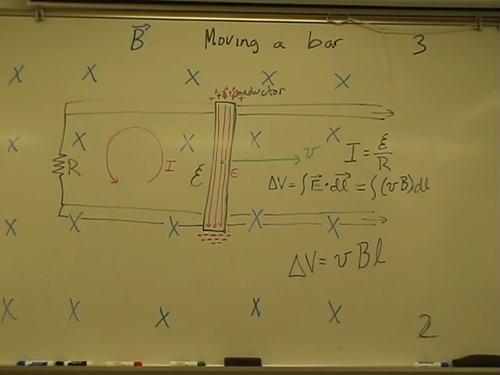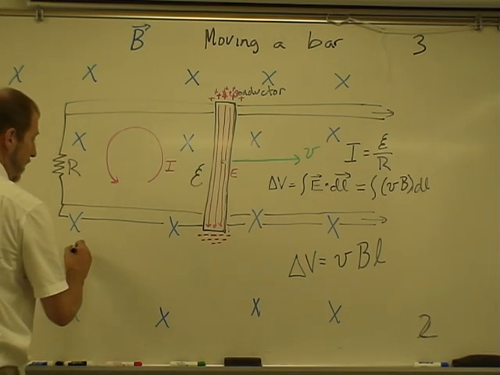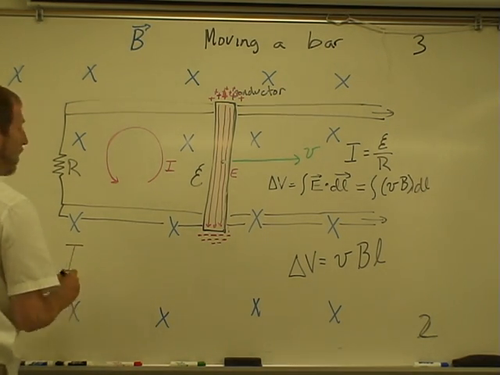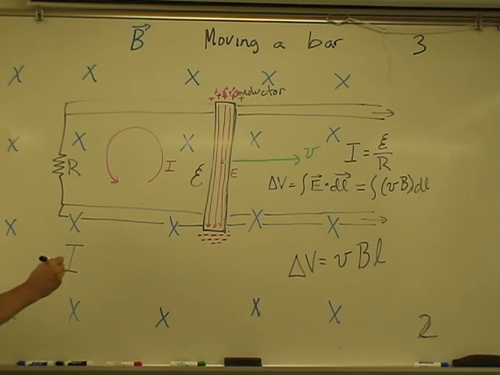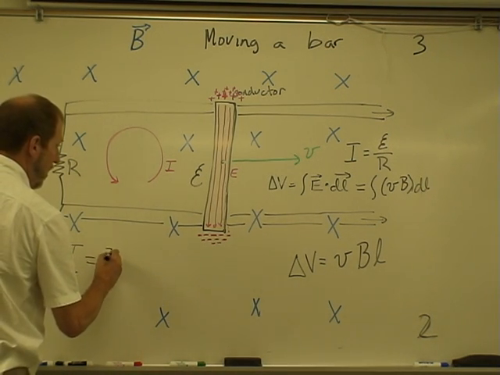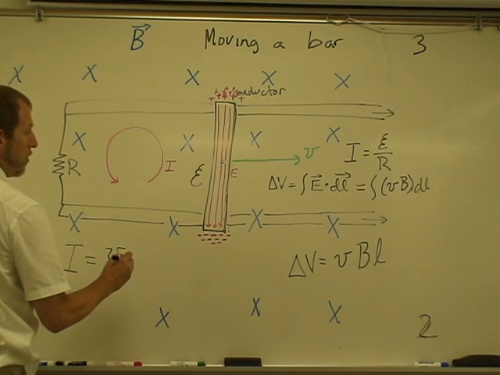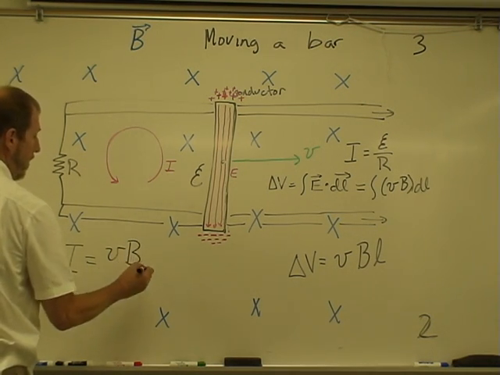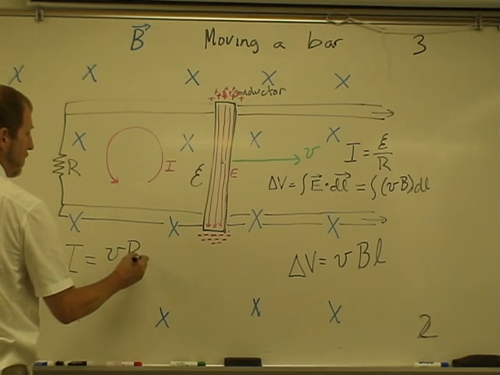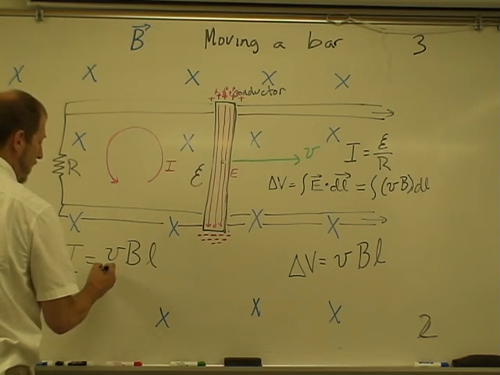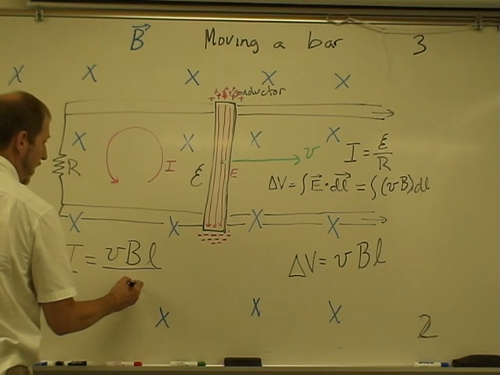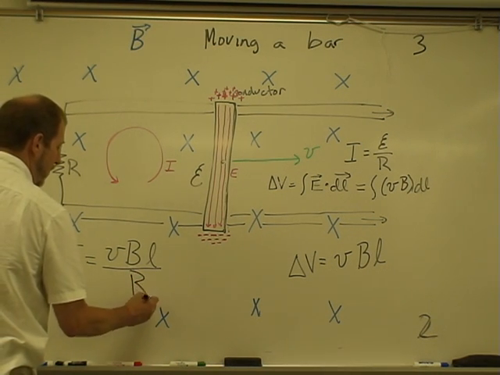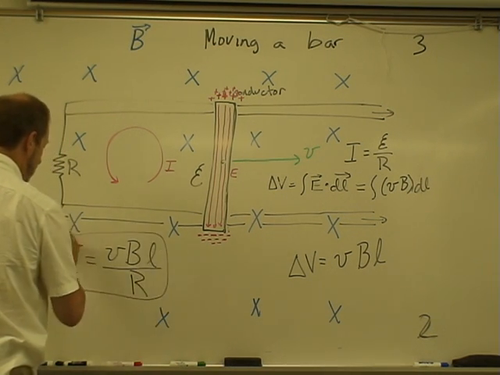Therefore, the current in the wire is equal to the velocity times magnetic field strength times the length of the wire L divided by the resistance R.